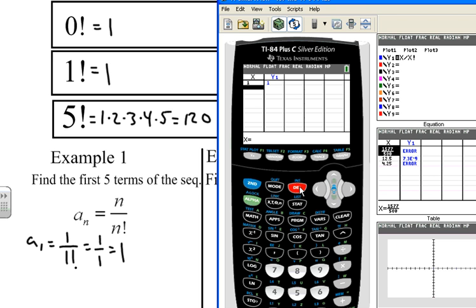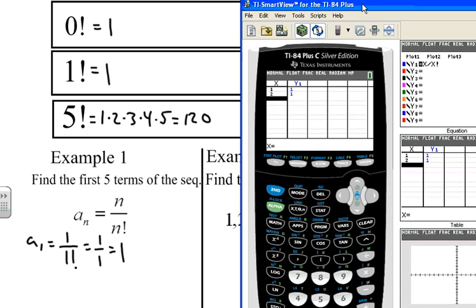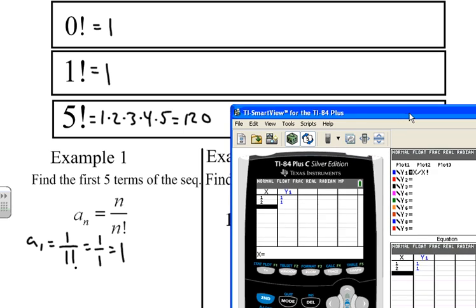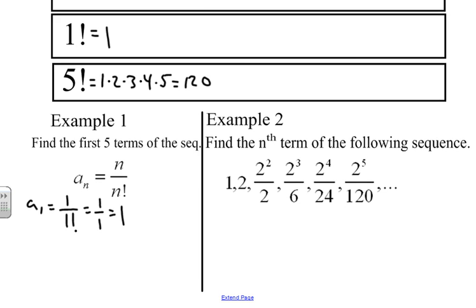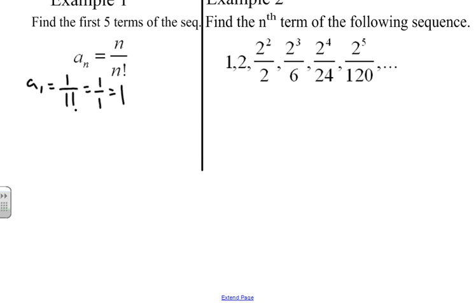And there we have it. We can find our next value by plugging in 2, and that's also going to equal 1. We can do this by plugging these values in.